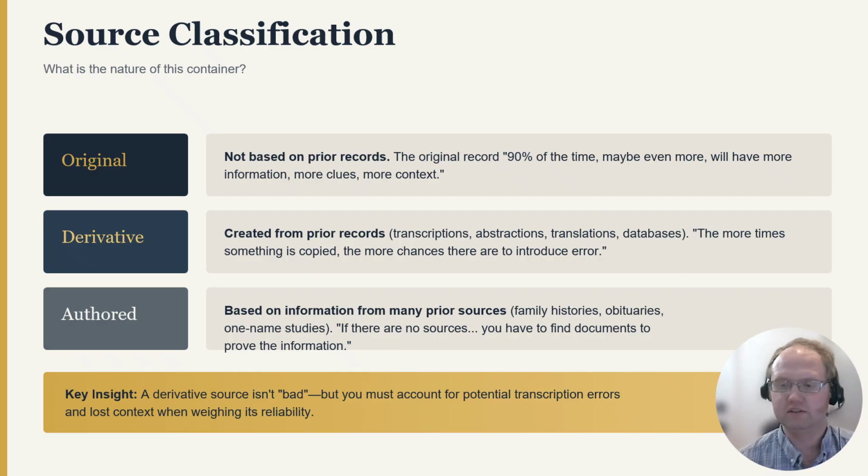Also, the more times something gets copied, the more likely somebody is to make a mistake, and there's more chance for error to be introduced. Ever seen a bad online index on FamilySearch or Ancestry? These are derivatives.